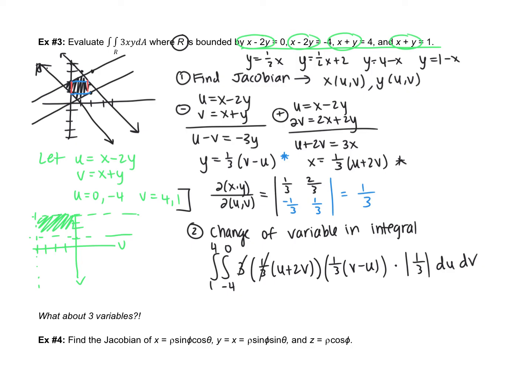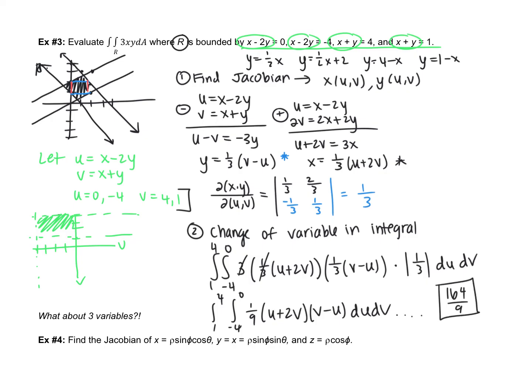So simplifying a little bit, this gives us the integral from 1 to 4, -4 to 0, of 1/9 (u add 2v)(v subtract u) du dv. As we normally do, I'm not going to go through and integrate this because you've done many of those problems already, but I will tell you, if you want to try it on your own, the answer is 164/9.